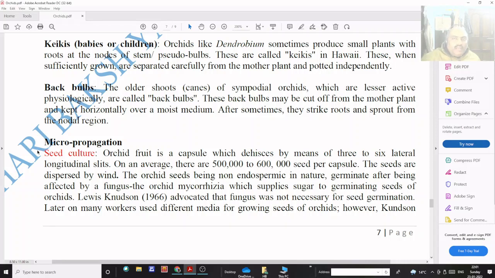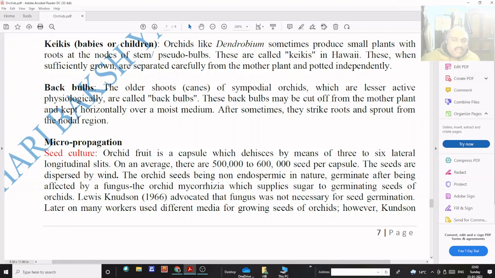Before moving ahead, it is worth mentioning here that the orchid fruit is known as a capsule, which has very small seeds, numbering from 1 lakh to 60 lakhs, about 60 lakh in a capsule. So you can imagine the size of the seed of orchids.